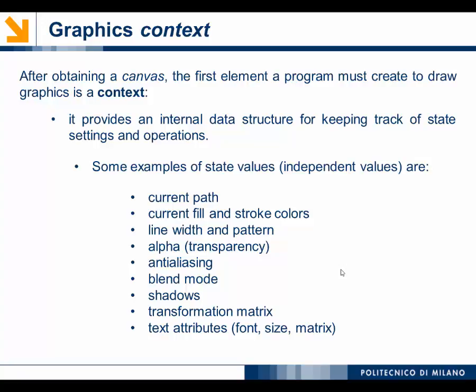They are independent, which means that the state of one does not affect the state of another one, but of course together they change the global state. So information about the current path, which kind of filling of this path, colors, if we are using an alpha or not, if we want to enable the anti-aliasing.